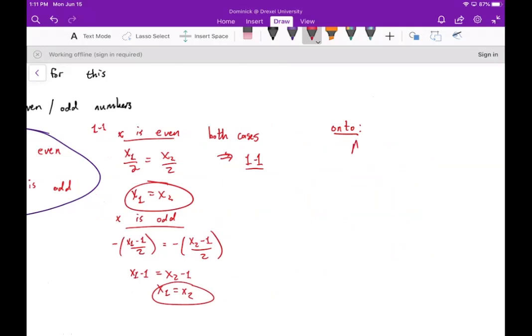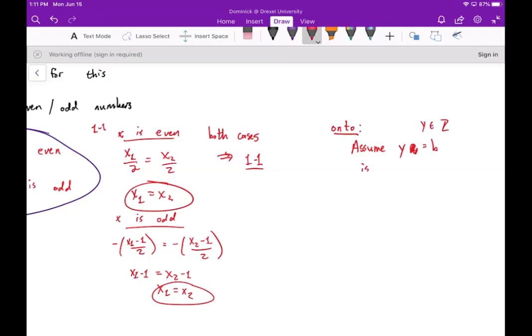And then, of course, to show onto, let's assume that y is equal to b. Not element of, that it's equal to b. Now, remember that y here is an integer. So for any integer, can I plug a natural number in to get this?